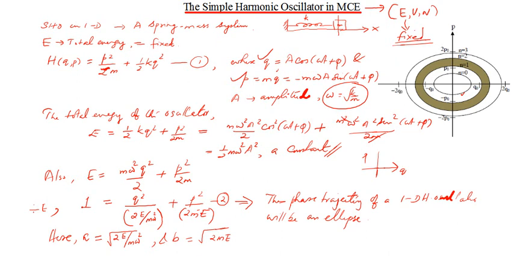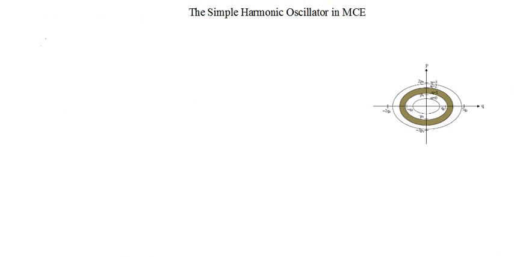Therefore, can we calculate the area of this ellipse? All this discussion we have done in our classical mechanics classes, while we discussed phase space. The area of the ellipse, remember from Kepler's law, is equal to pi AB.